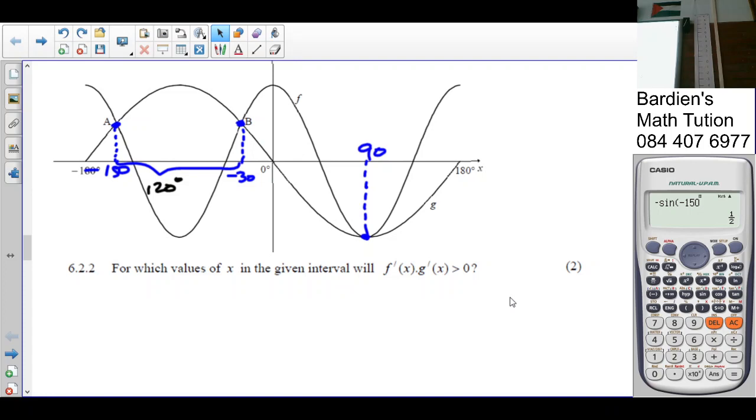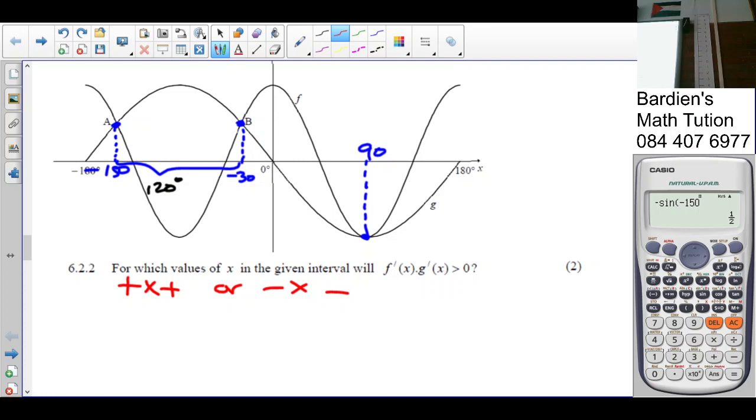So if you multiply f prime of x by g prime of x, and you want something to be greater than 0, that basically means the number must be positive. So under what condition, when we multiply two numbers, is the result positive? If both are positive or both are negative. That's the only time you'll get a positive solution.